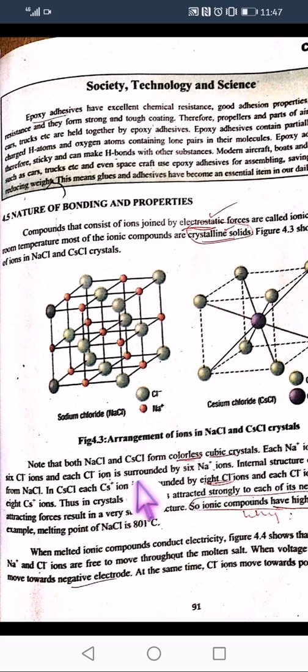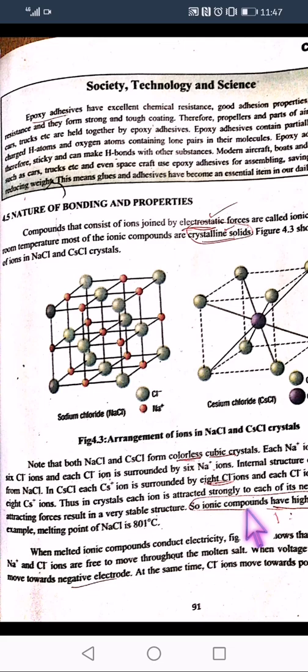Each cesium ion is surrounded by 8 chloride ions, and each chloride ion is surrounded by 8 cesium ions. So in the crystals of such ions, they have a strong attraction because of the tightly packed structure. That is why they are very stable, and ionic compounds have high melting points.